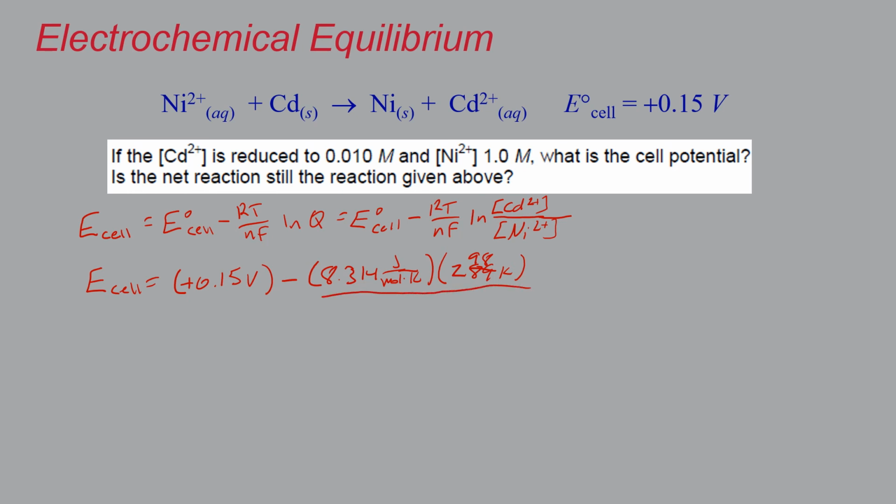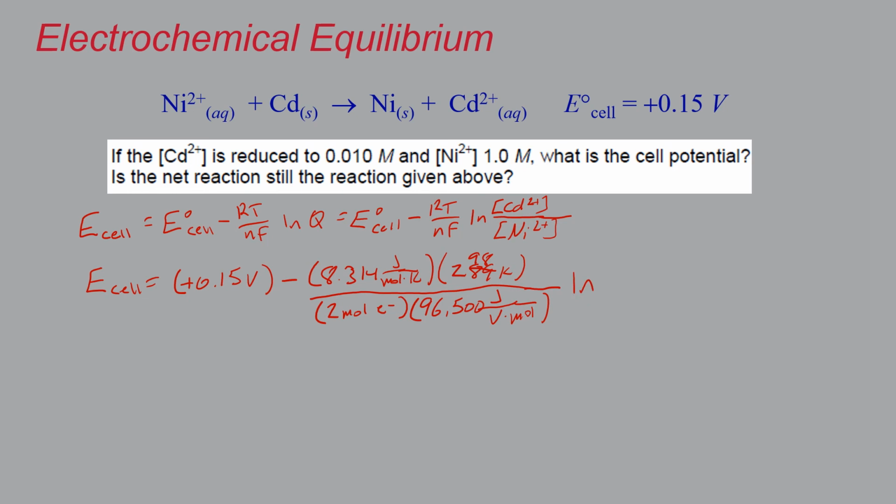And remember the n, in this case, you can tell that these go from +2 to a neutral, so this is a 2-electron process. We're looking to transfer 2 moles of electrons per mole of reaction, and then the Faraday constant, which is going to be 96,500 joules per volt per mole. Those are the more useful units in this case of the Faraday constant.